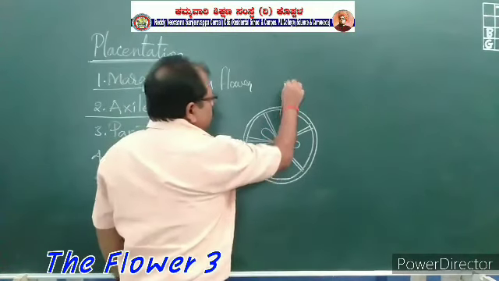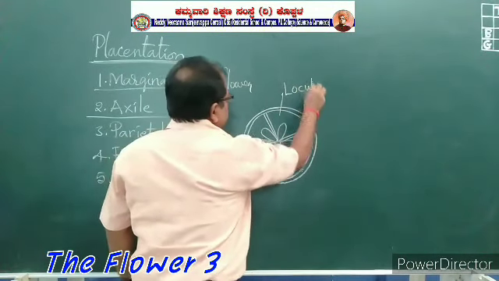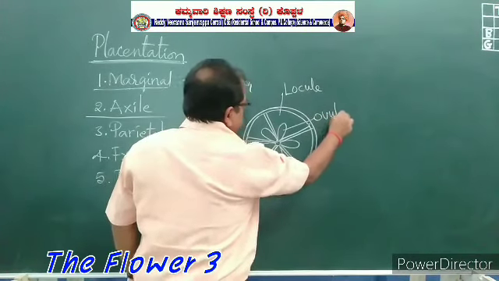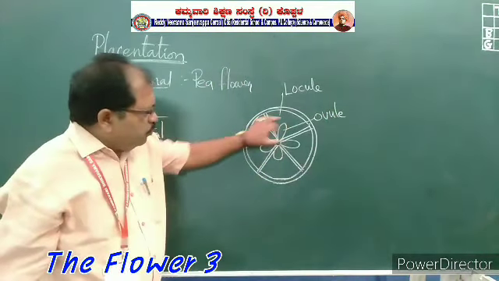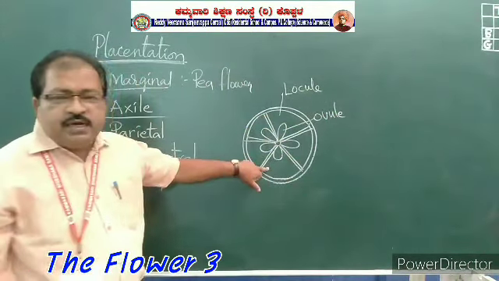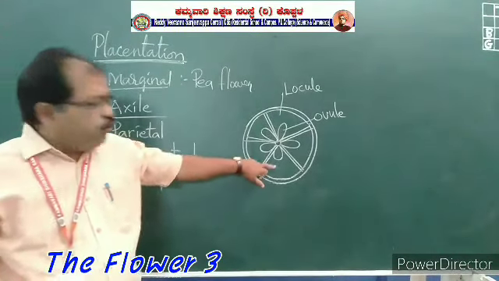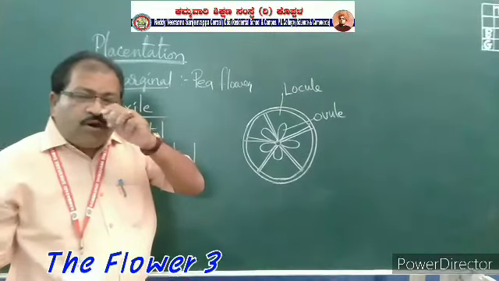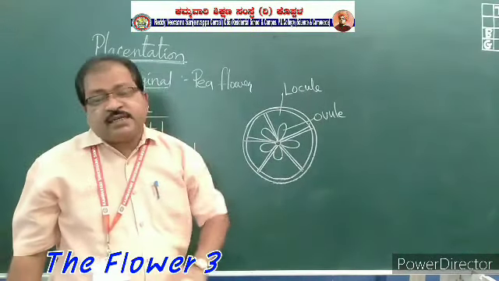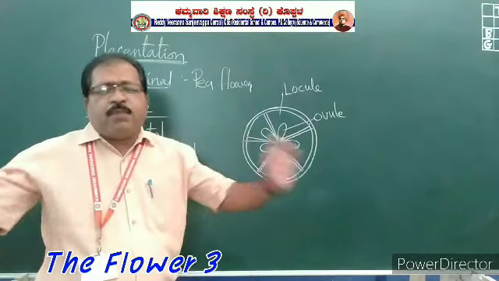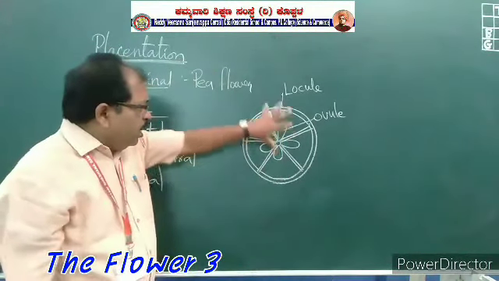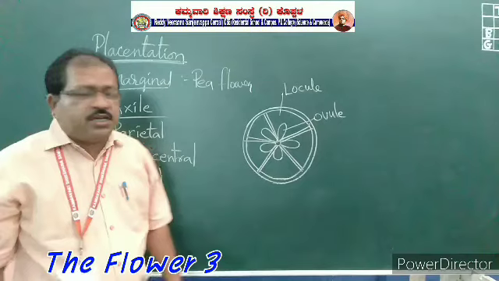This is called a locule, and this is called an ovule. So these ovules are present in the locules. 5 locules are there here: 1, 2, 3, 4, 5. This is called axile placentation, very common for most flowers. 90% of flowers show axile placentation.